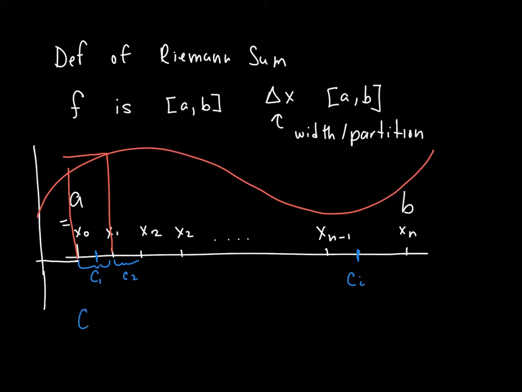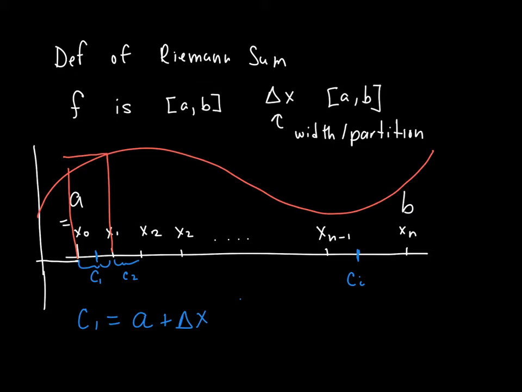Well, for C of 1, we first have to add in that a because we're not starting at 0. Then how wide is that particular partition? Well, that partition just has a plus delta x. That's just for C of 1.